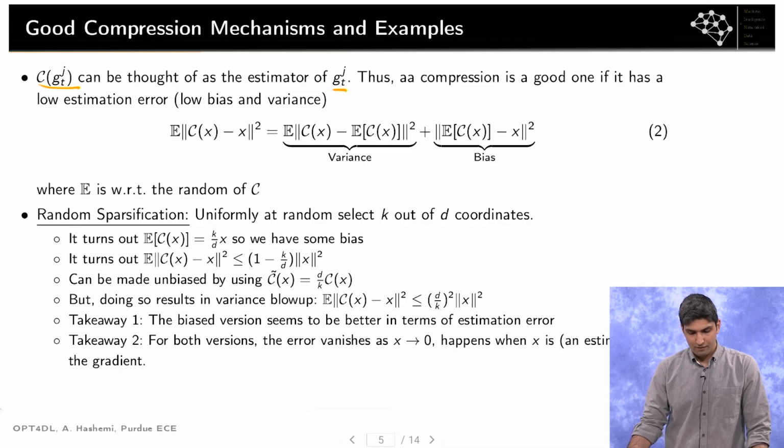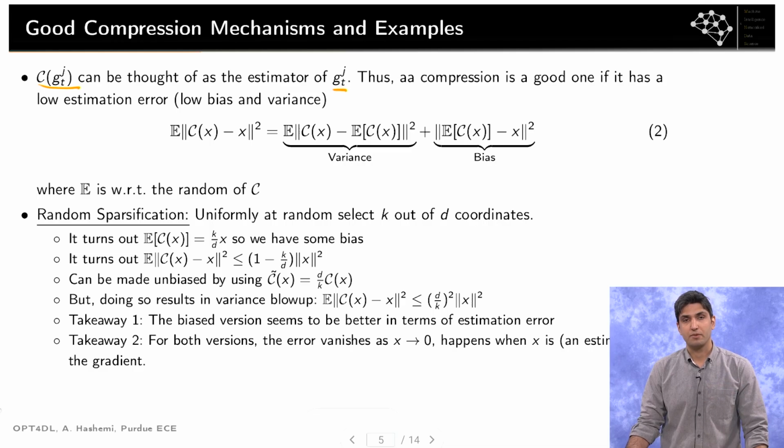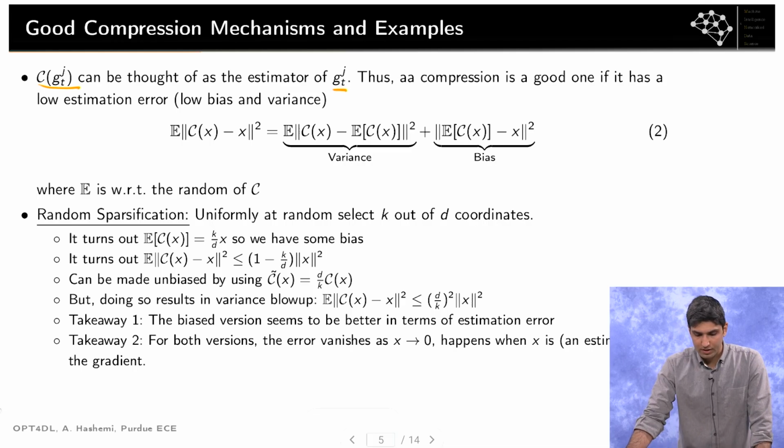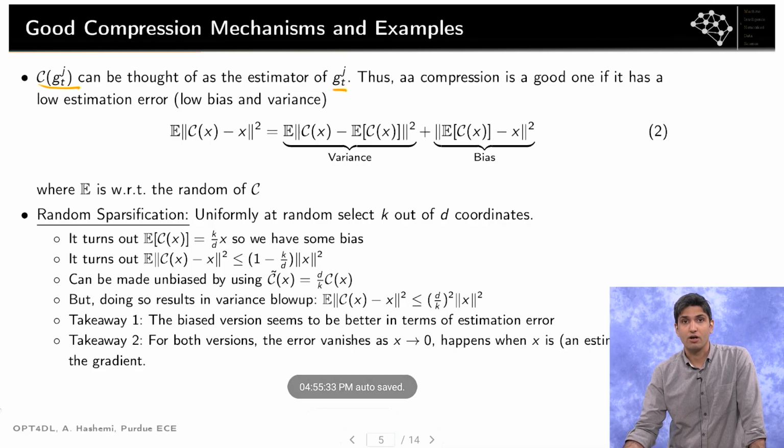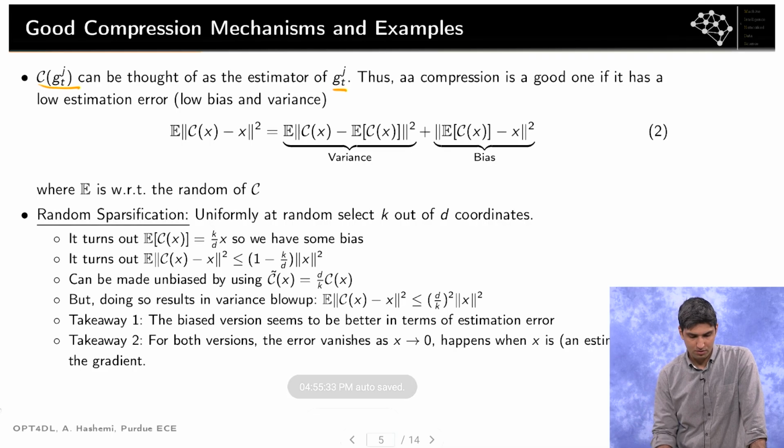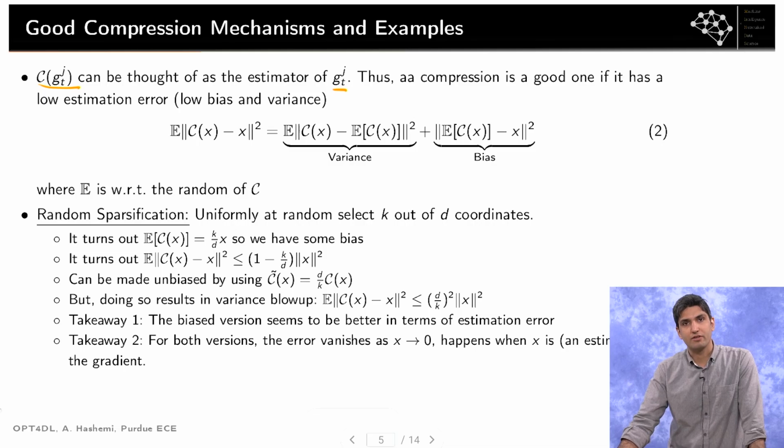So therefore, we can utilize the terminologies from estimation theory to talk about whether a compression mechanism is a good mechanism or not. And two basic criteria for us are the bias and variance. We can say a compression mechanism is good when it has low bias and low variance.